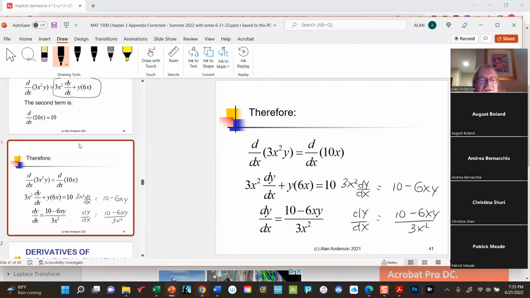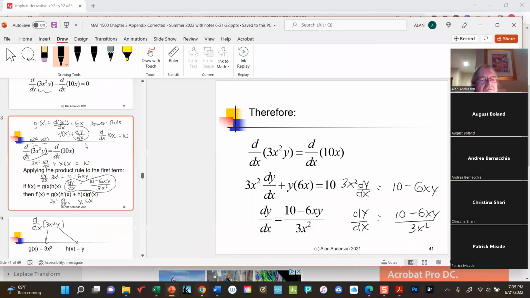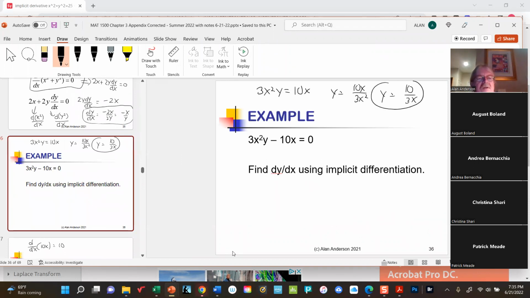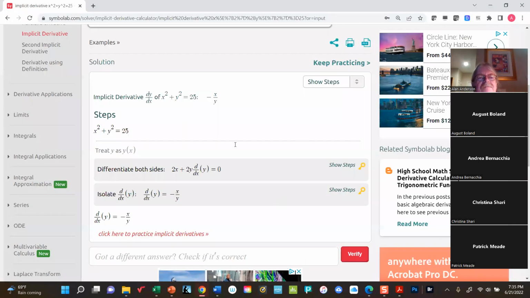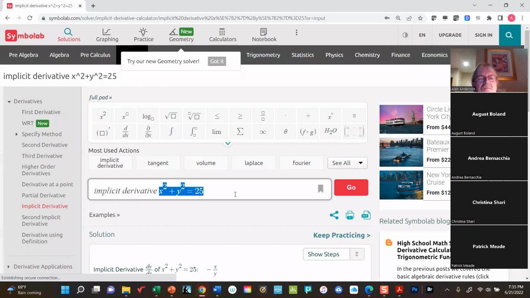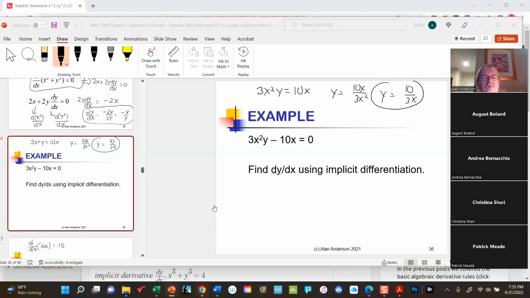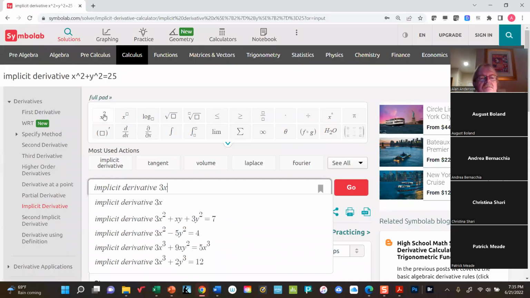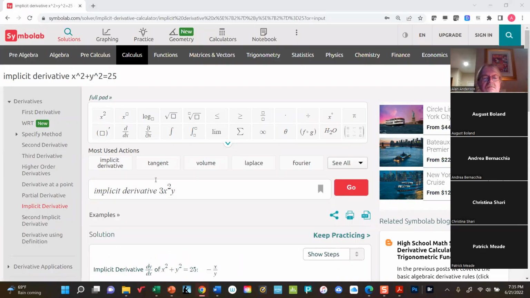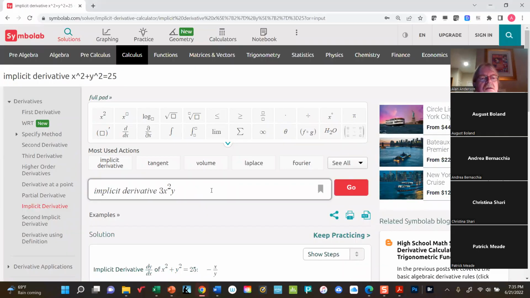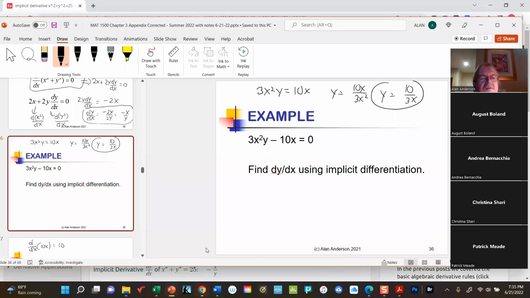Okay, so now let's go to Symbolab, which we now know can do this. So what was it again, 3x squared y minus 10x equals 0.